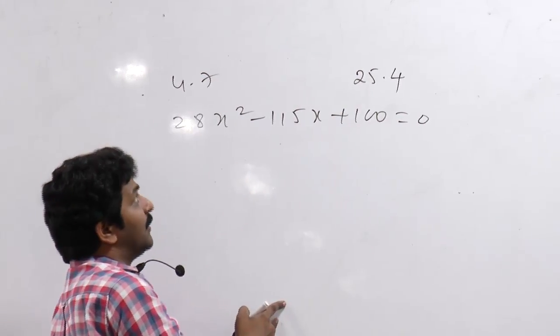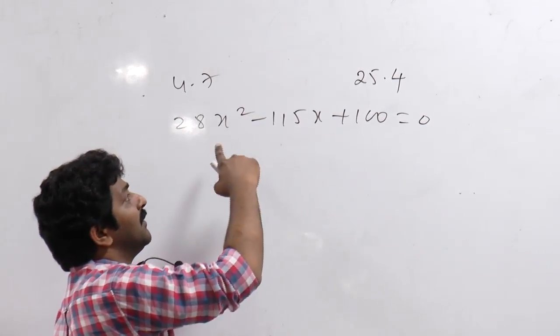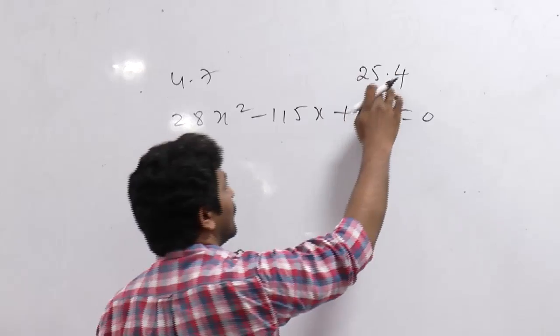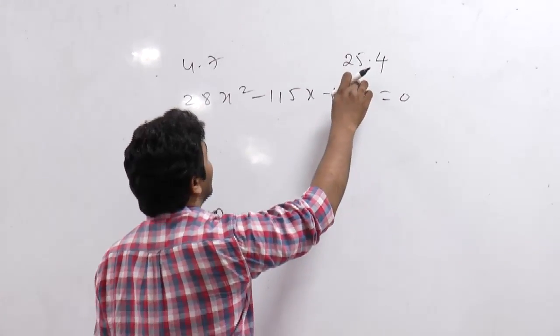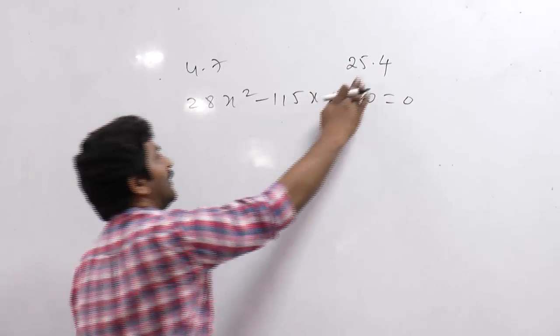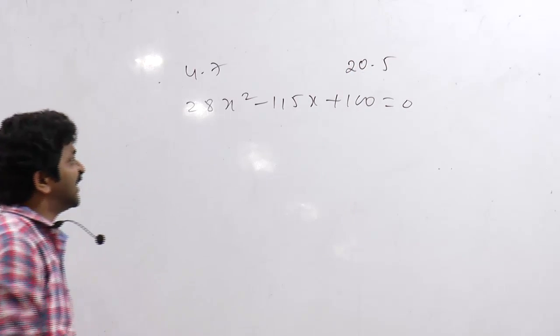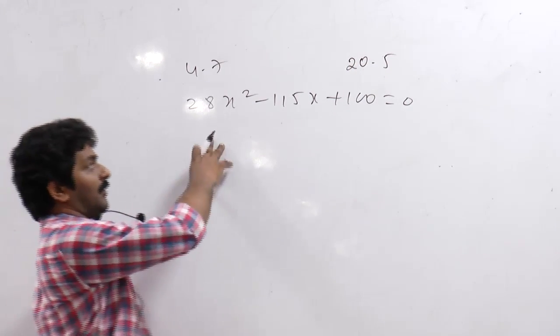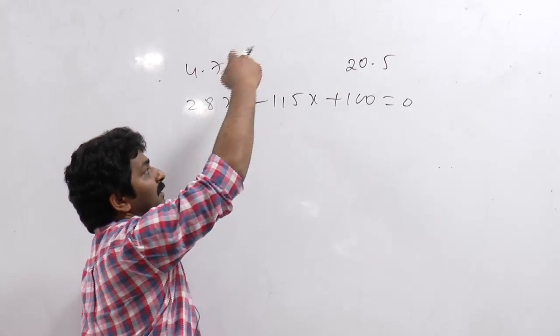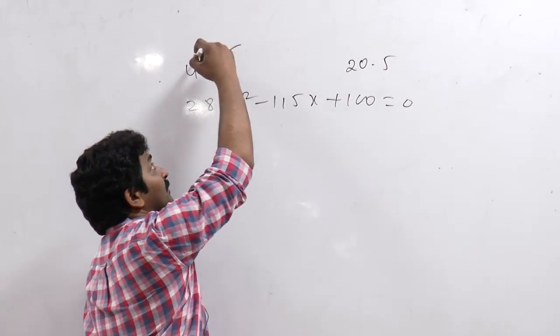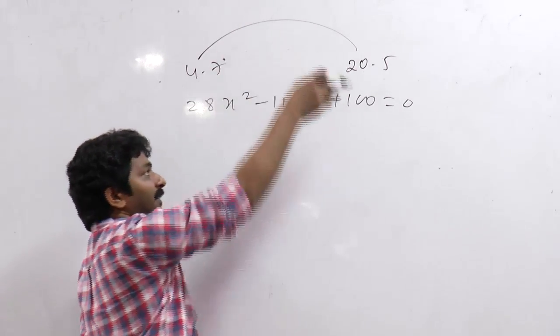This is 175, no, we will not get it. 100, 20, 25 times. If it is 20 into 5 times, coming 80, 35. Yes. 4 into 20, 7 into 5.